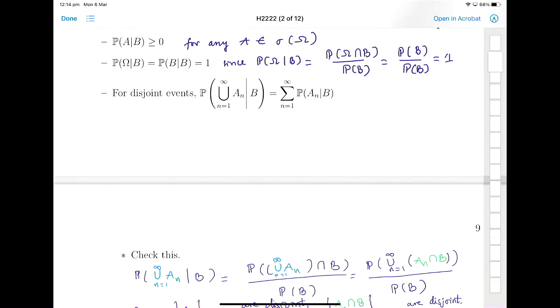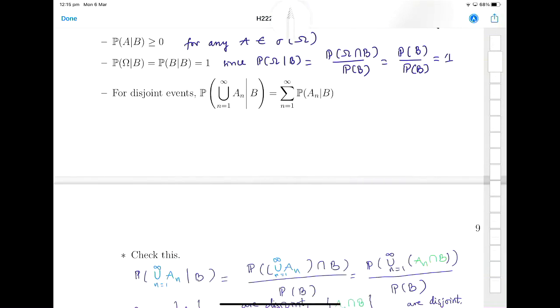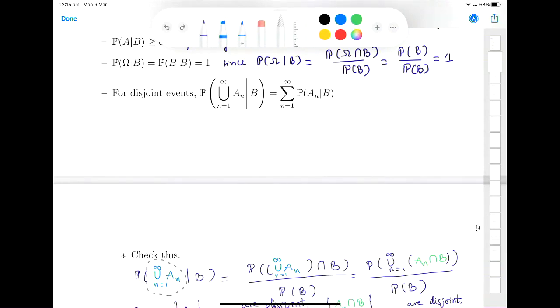So just imagine the whole union is a set, one set. Then you have probability of the blue set given B, which from the definition equals the probability of the blue set intersect with B divided by probability of B, right? So this step is just from the definition of conditional probability.